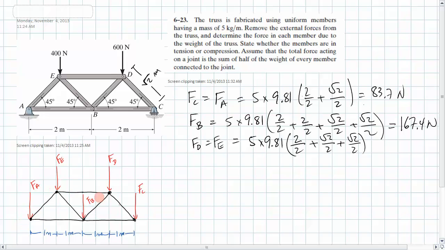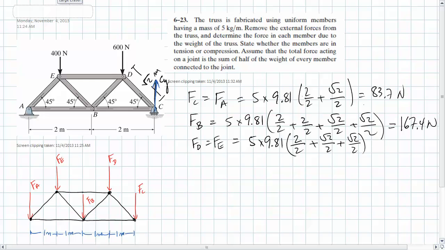And now from here, we can go ahead and start solving our problem using the joints. And this is very simple. First, we need to find the normal force here. So we're going to have a normal force here coming from A, that's Cy, right? And let's draw that in blue. This is Cy coming here.